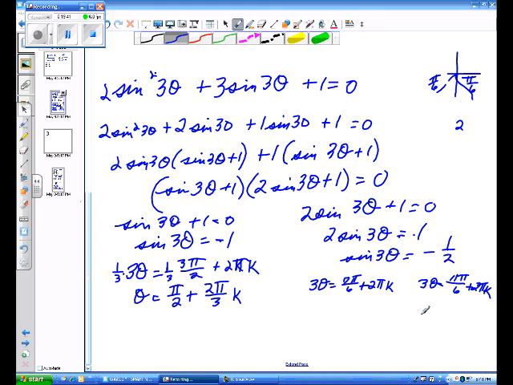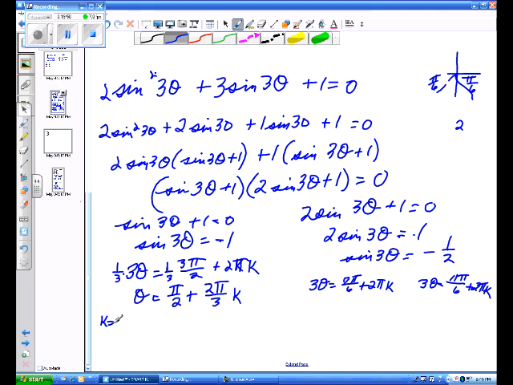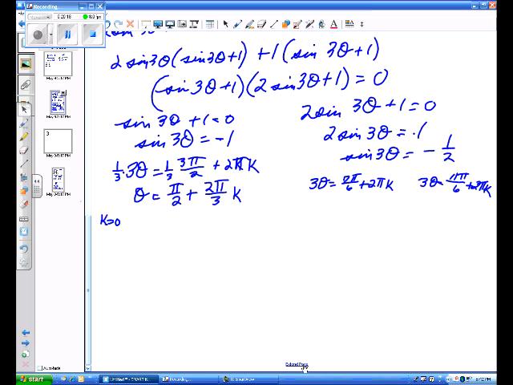Okay, this would give us all of the solutions. If we had to do specific ones, since it's a 3 theta, we would have 3 of them. We would have k equals 0. I'm going ahead and doing that on most of these just so that you would know what to do. It depends upon the directions. If the directions said find all the solutions in radians, then this is all that you would do. If the directions say find all values of theta where theta is between 0 and 2 pi, then you've got to do the rest of this.